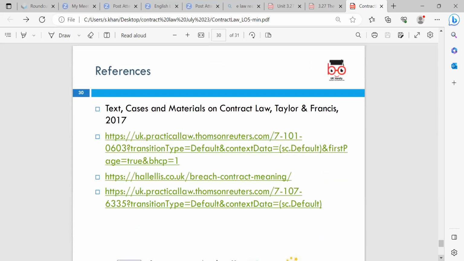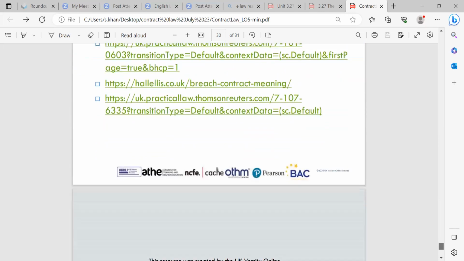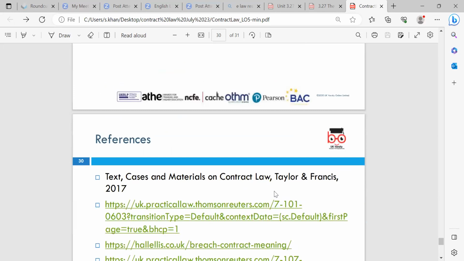We've also looked at e-law resources you can look at. Also, if you go onto Moodle, there are loads of additional resources to help identify case law, and also journal articles and case examples on Moodle for you to look at. Please look at these resources to complete the learning outcomes.